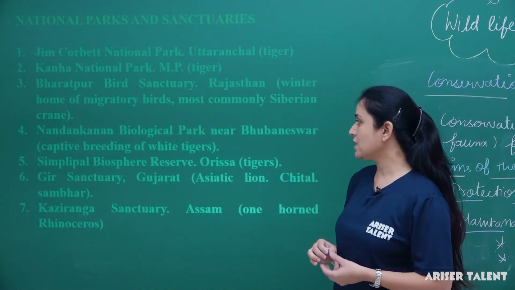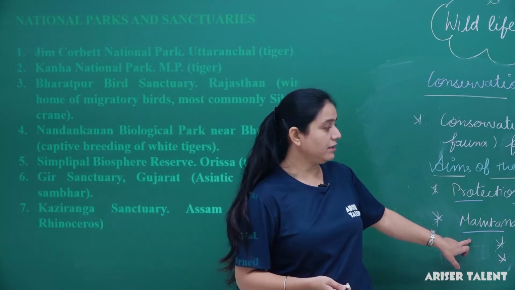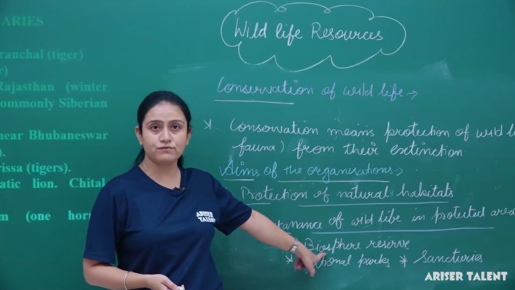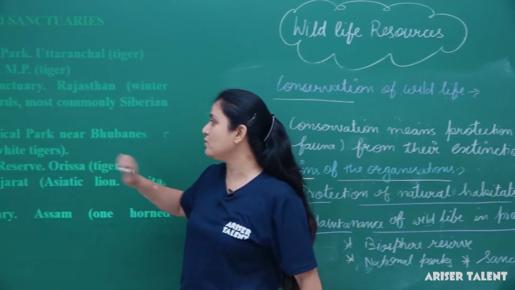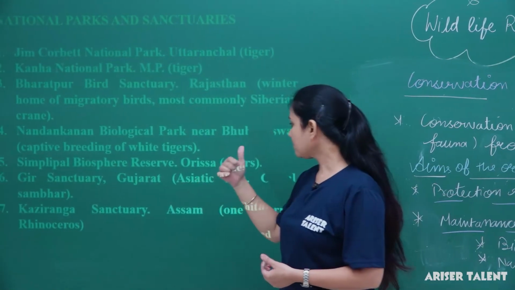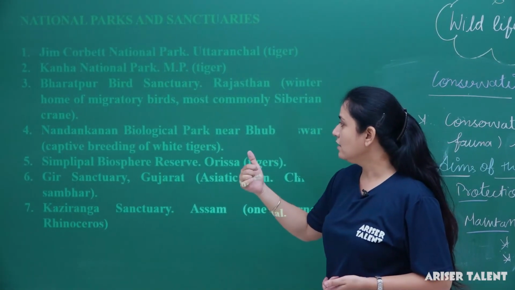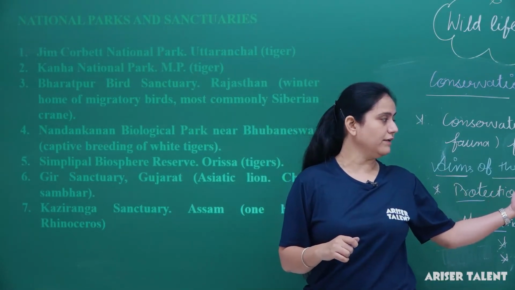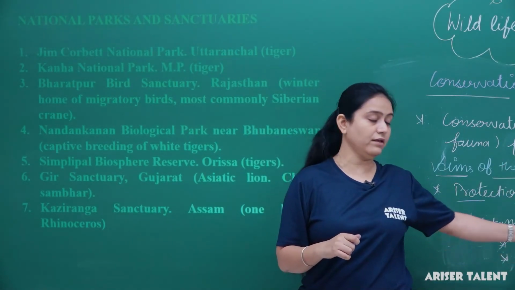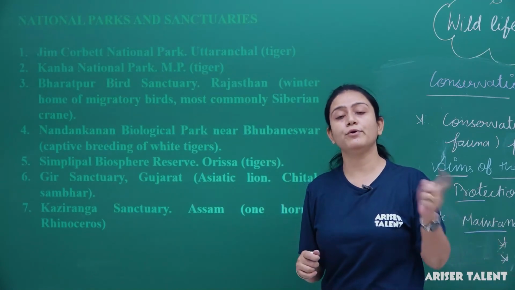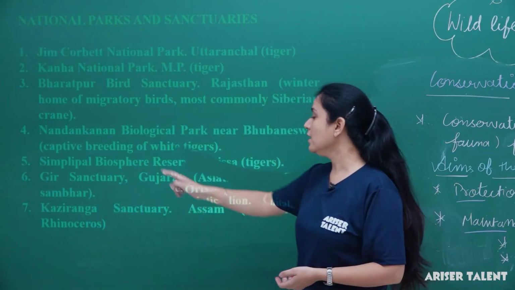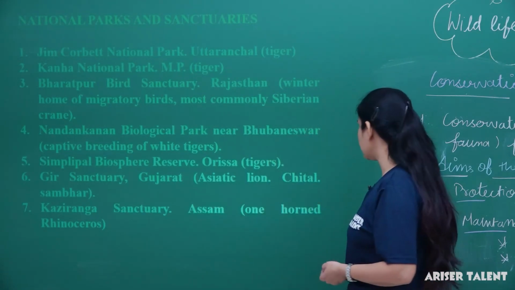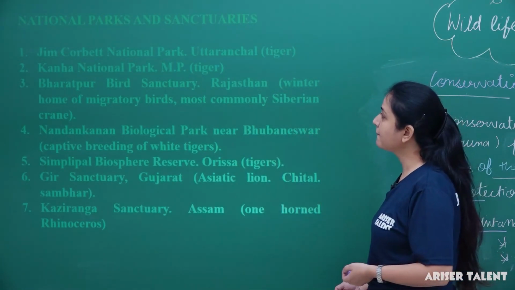Simlipal Biosphere Reserve. As I told you, they maintain wildlife in protected areas, and I gave you the example of biosphere reserves. Next is Gir Sanctuary in Gujarat and Kaziranga Sanctuary in Assam.